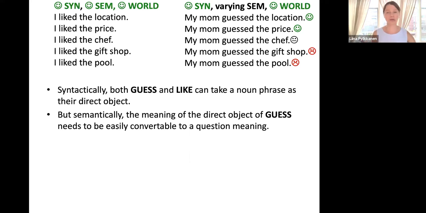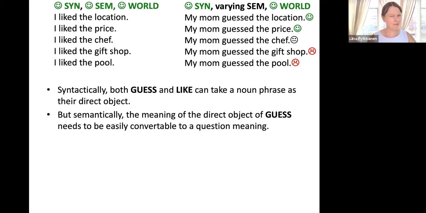This should be kind of intuitive now. If we try to paraphrase the first two good examples, the meaning is something like, my mom guessed what the location of the vacation was, and my mom guessed what the price of the vacation was.